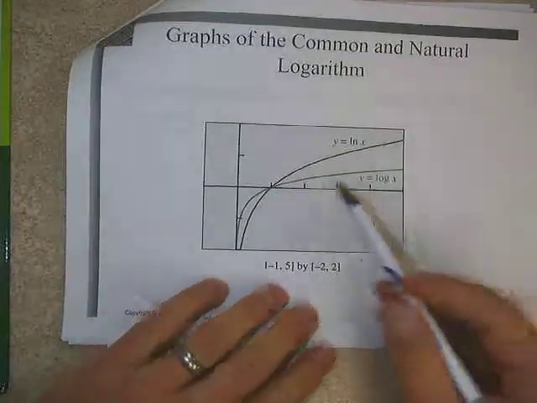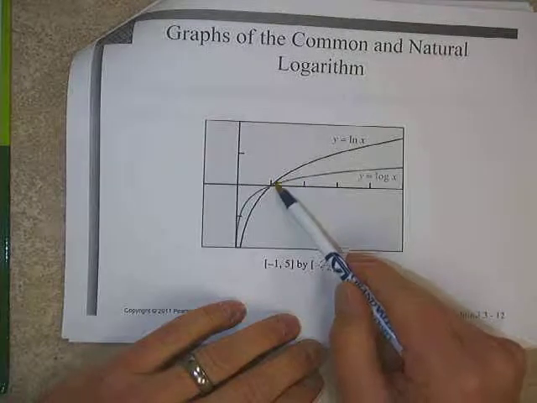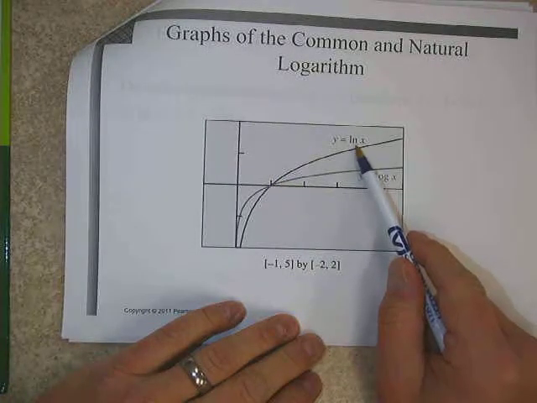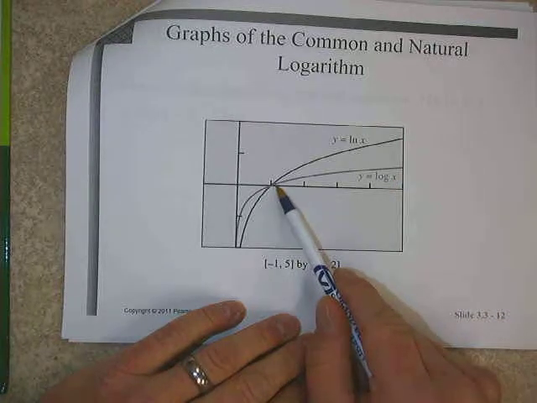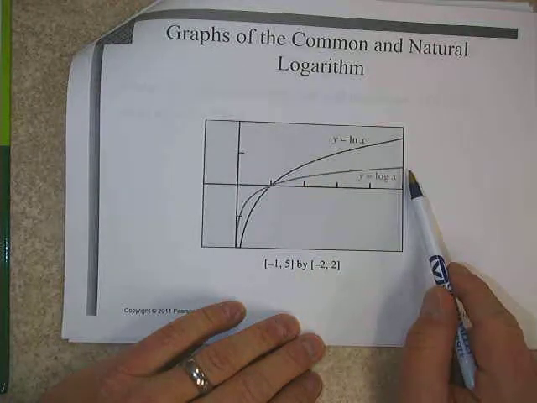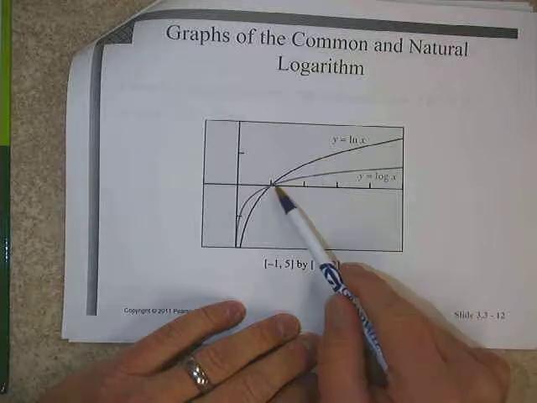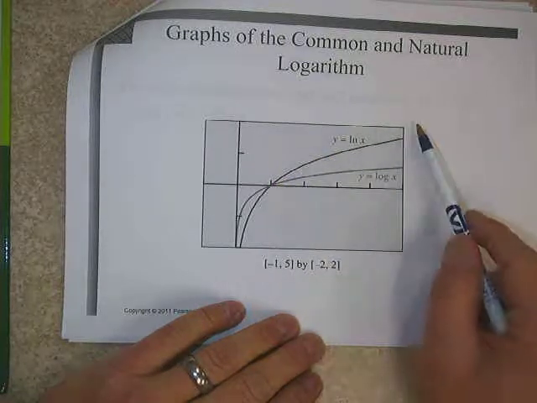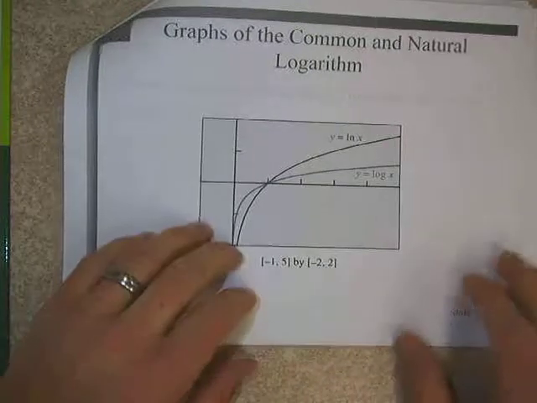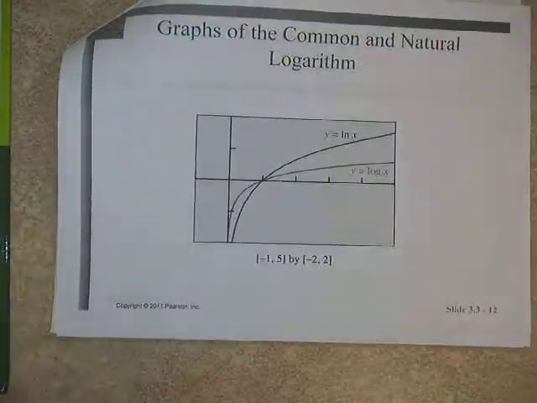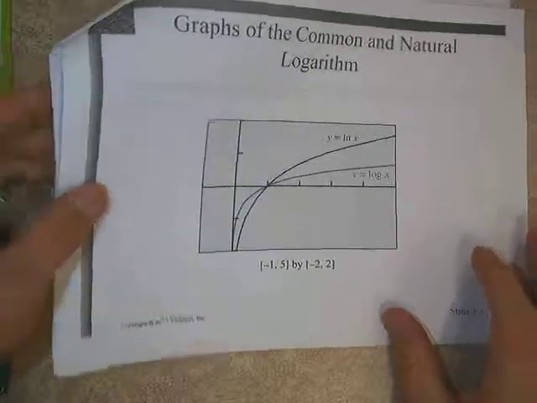I already mentioned the graph of the logarithms. Notice that the natural logarithm has a smaller base. Base e is smaller than base 10. Notice that the bigger the base is, the lower the curve is. The smaller the base is, the higher the curve, which we should suspect, knowing what we know about them being inverses of the exponentials.